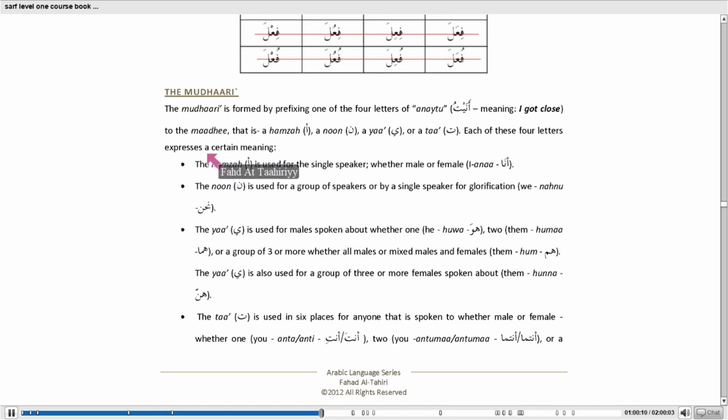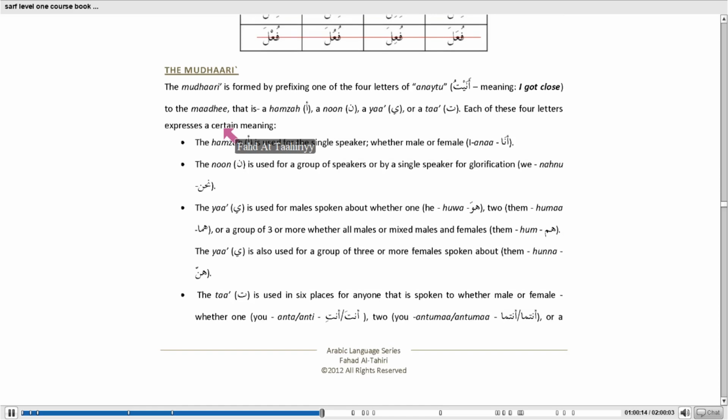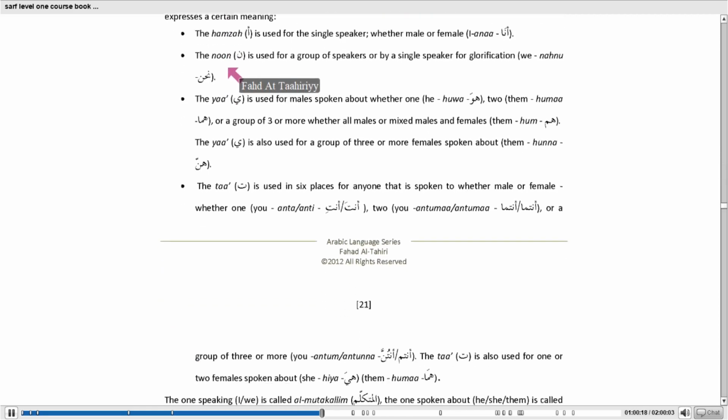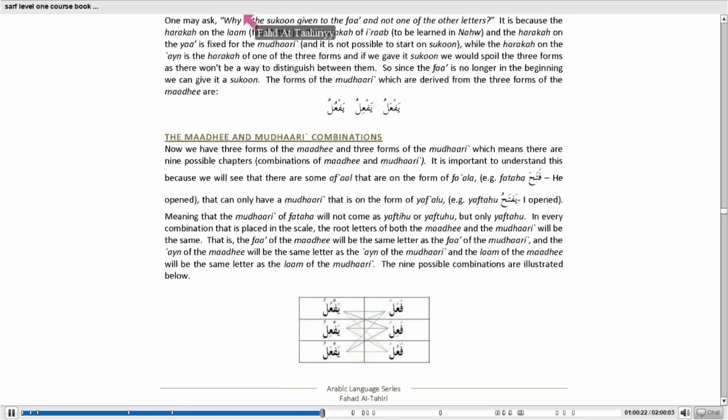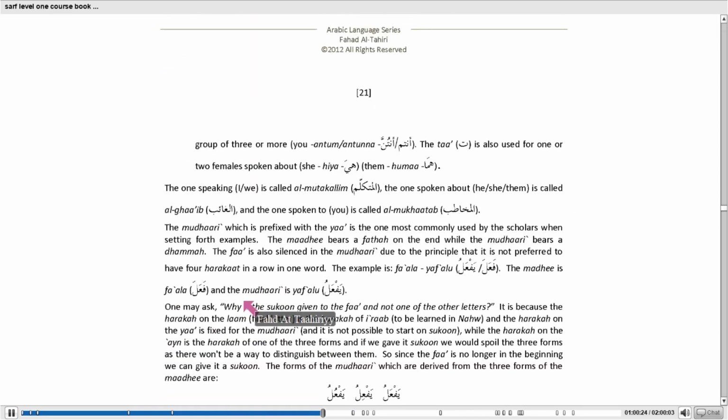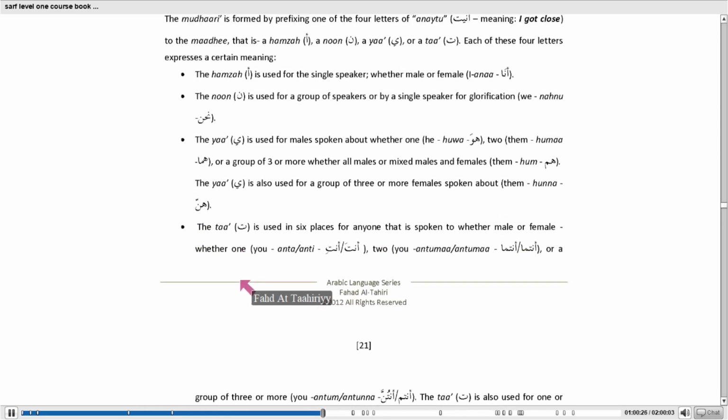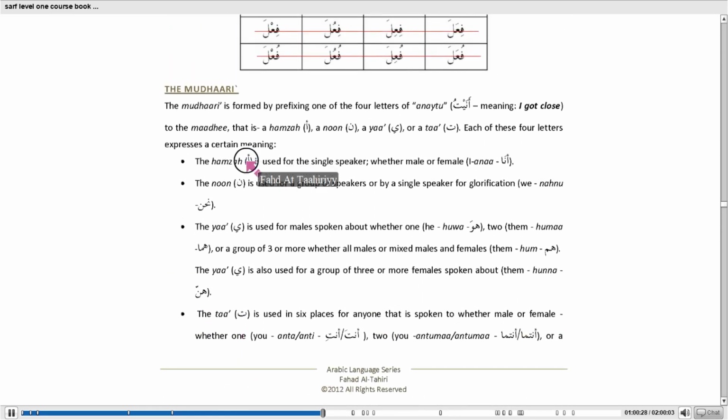Each of those 4 letters expresses a certain meaning. Okay? The hamza, for example, let's say daraba.